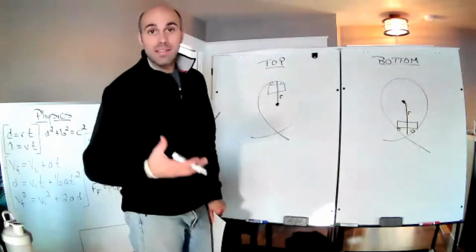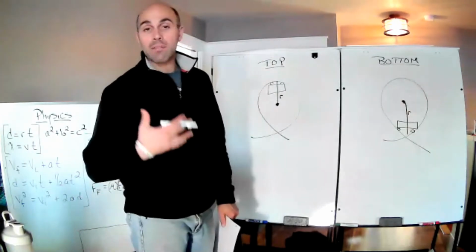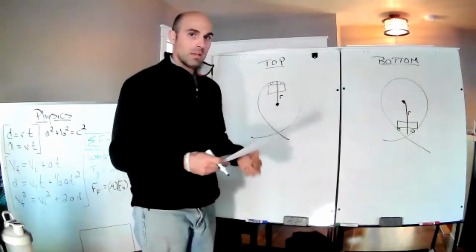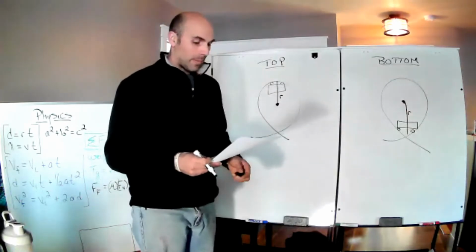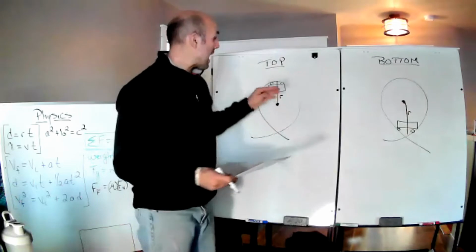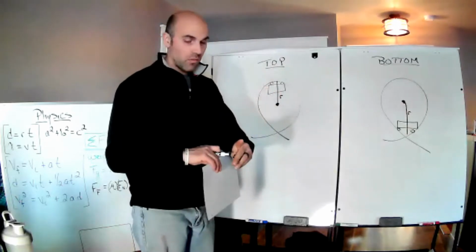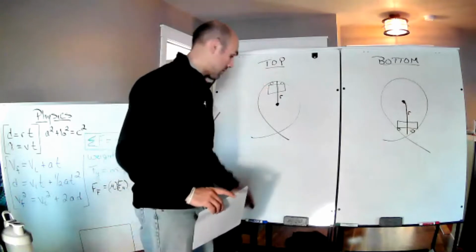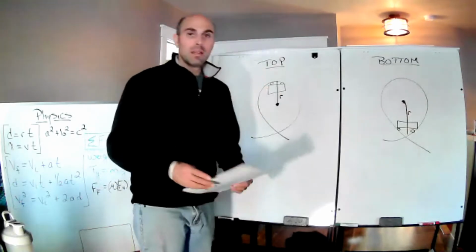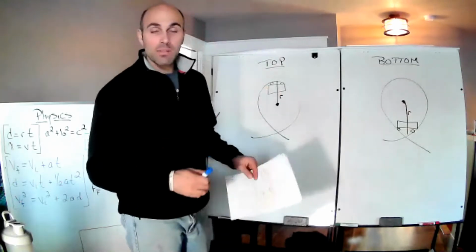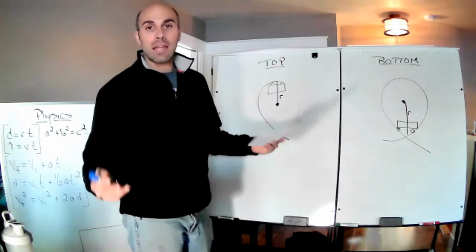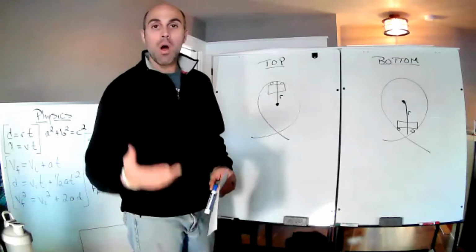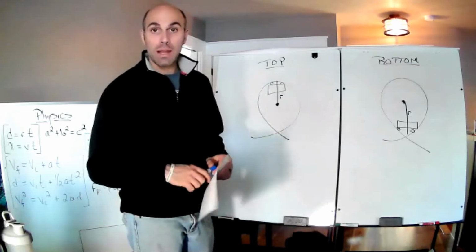So notice, this is circular motion. Again, we have a radius, the top of the loop and the bottom of the loop. Okay. Now, looking at this, there are specific forces that are acting on these cars. The first force that acts on both of these cars is the force that acts on everything, and that is gravity. Gravity, if you remember, always points in the downward direction.